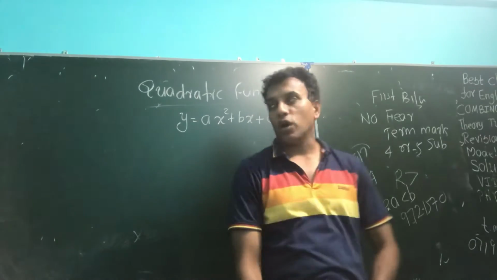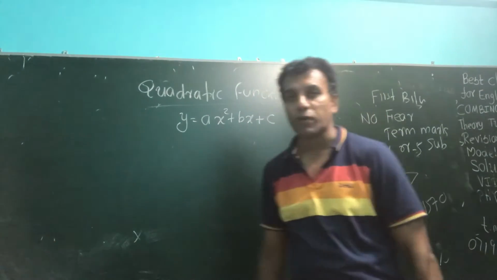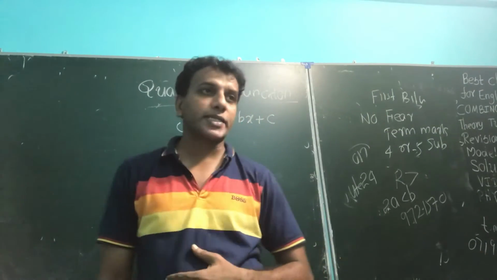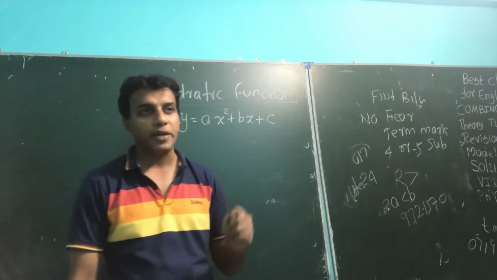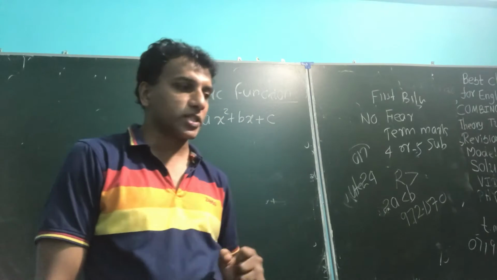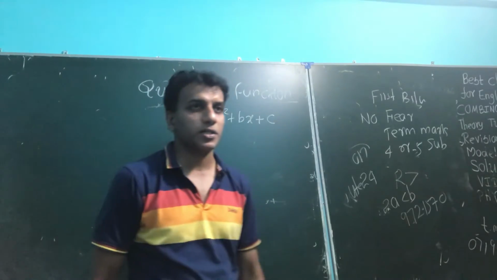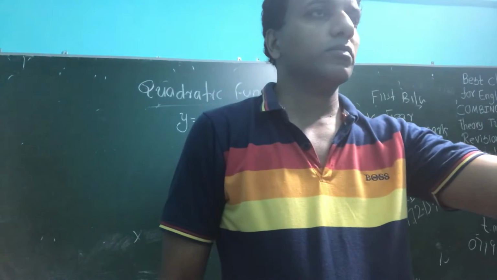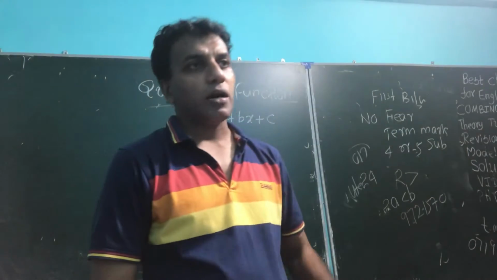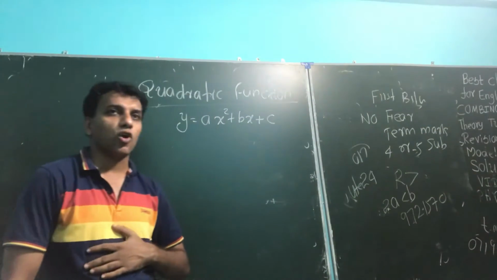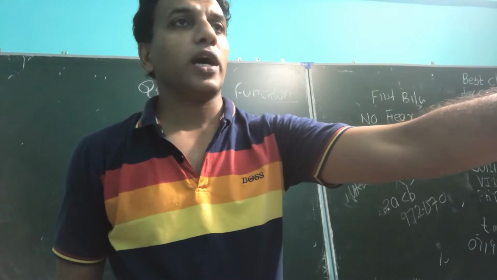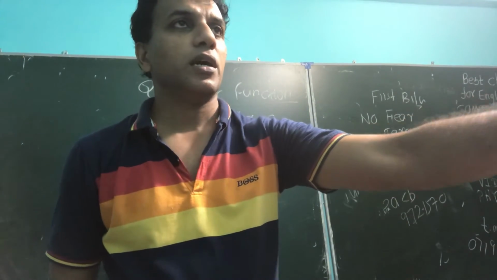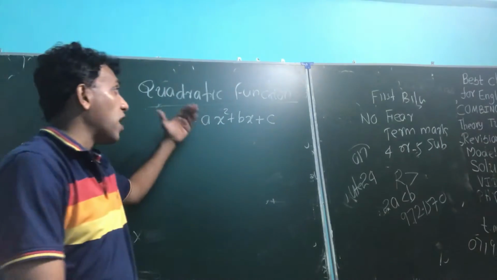So y equal ax square plus bx plus c is known as a quadratic function, where a, b, c are constants.